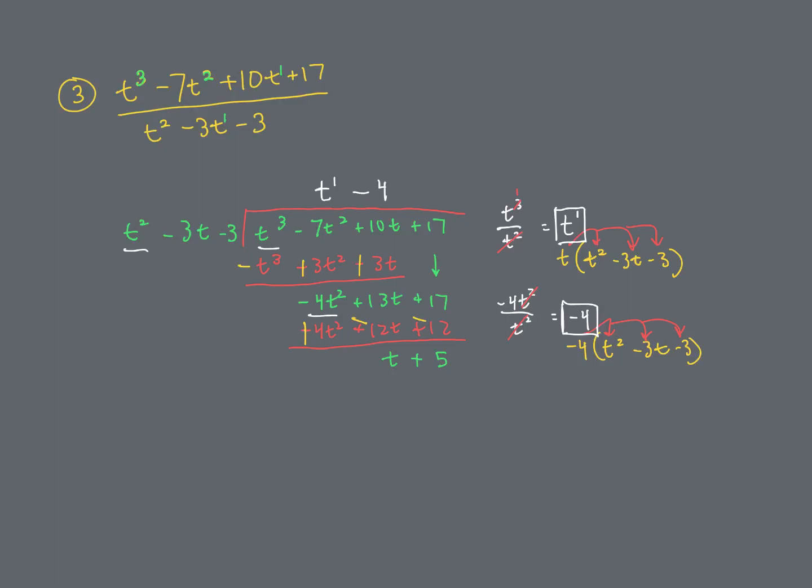And then at the end, we had that t plus 5. On some of the previous ones, we just had 0. So this is going to be a remainder. And we're going to place it also with the solution, but t plus 5, the remainder part, over the t squared minus 3t minus 3 part.